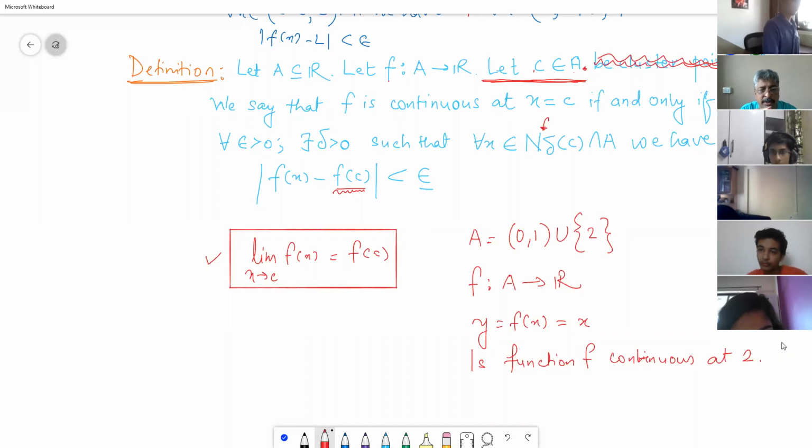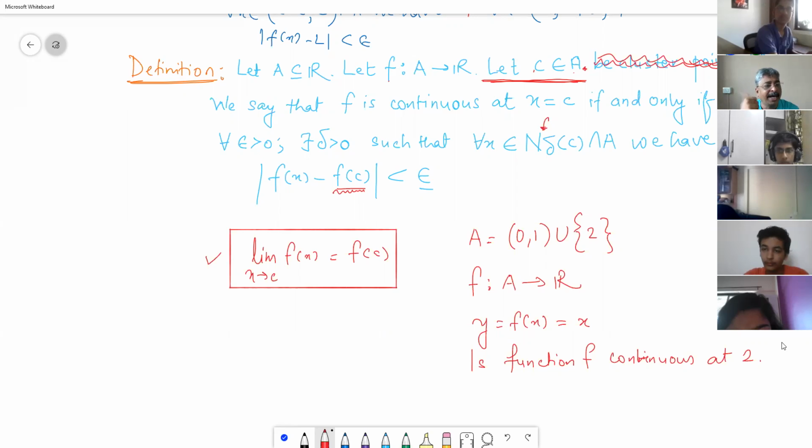Whenever we talk about limit, we talk about neighborhood of C, and we never talk about value of the function at C whenever we talk limit. When we talk continuity, we talk limit as well as value of the function. Okay, now as far as isolated point is concerned, it is of course not the cluster point.